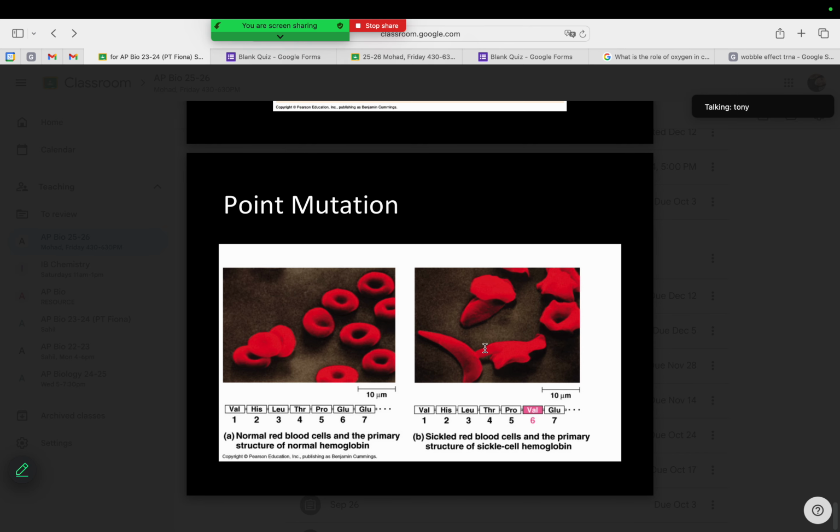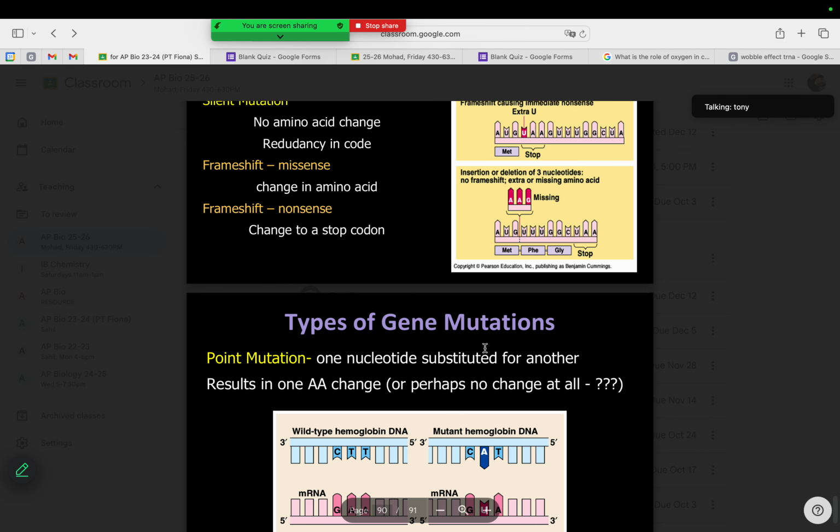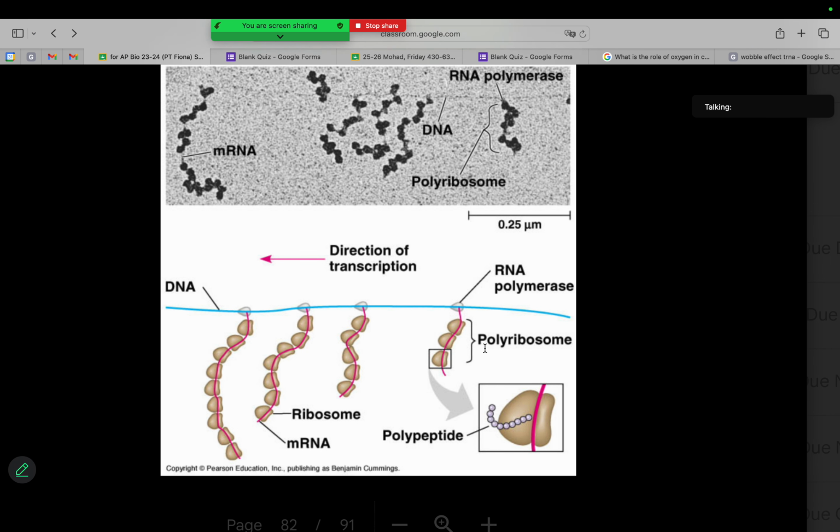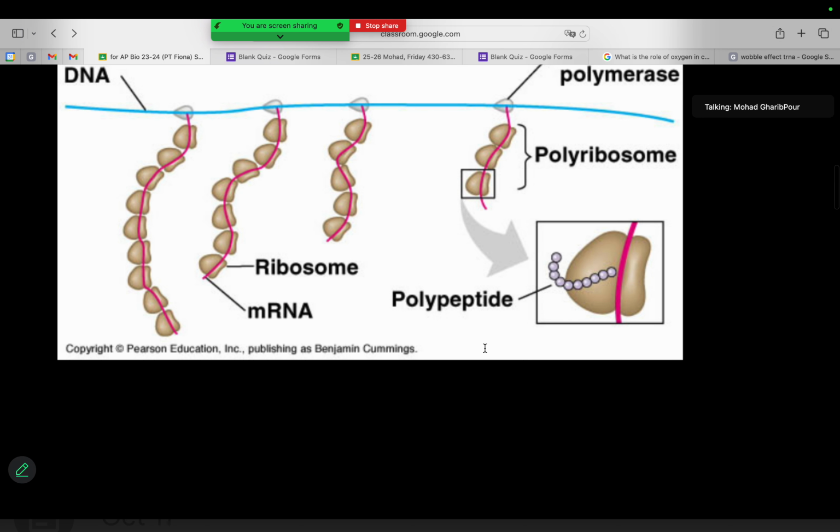Can you quickly talk about polyribosome again? The prokaryotic situation? Yeah, here. So basically, as soon as you have a strand of mRNA, you can start attaching ribosomes. You would attach it right here. The ribosome would move up, and then you'd attach the next ribosome, and it would move up, and so forth. So this would be the oldest ribosome. It's about to pop off, and it has a long protein chain.